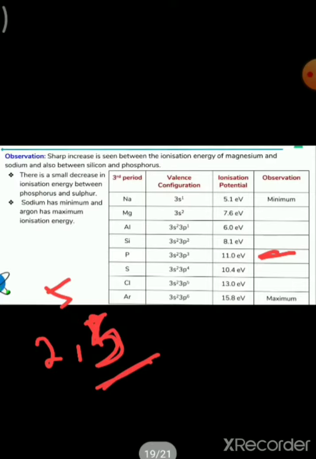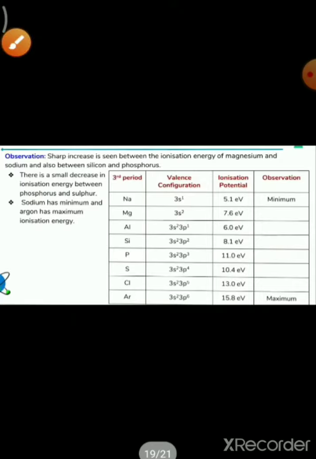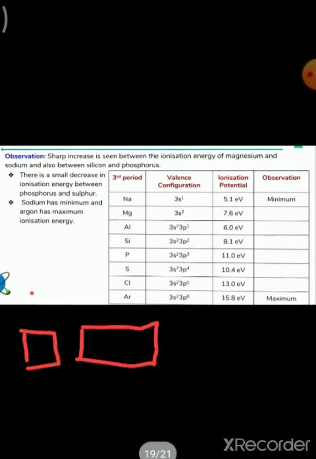In higher class you will read this. 2, 3, these are your electrons. 2 means your s cell is filled, and in p cell we need 6 electrons, but in case of phosphorus there are 3 electrons, one in each.